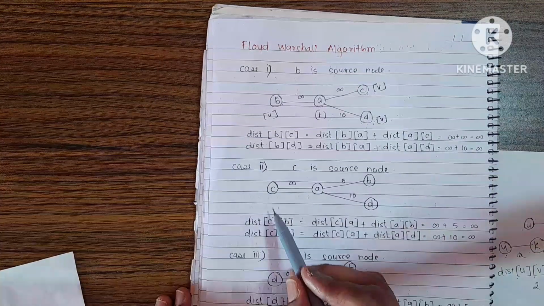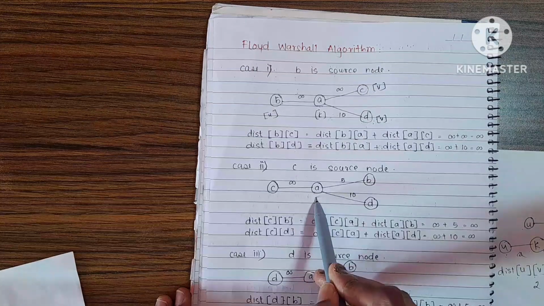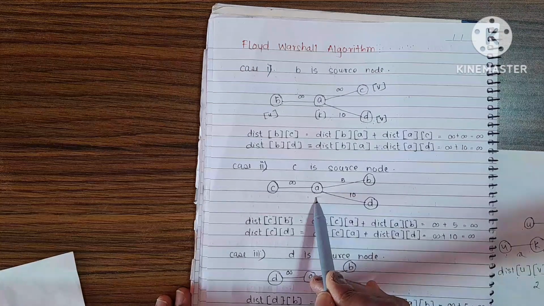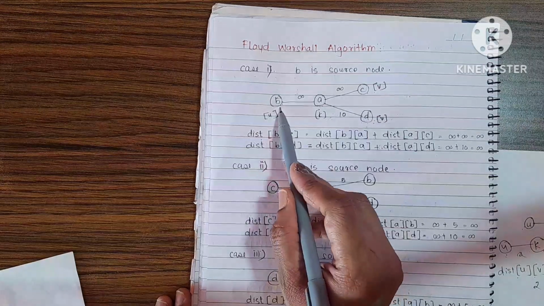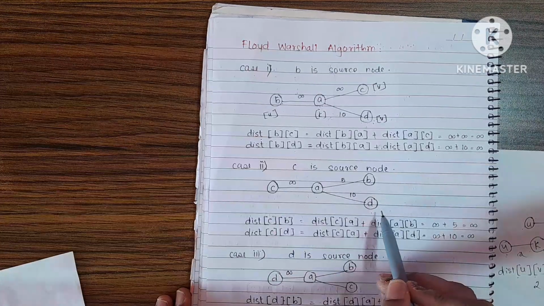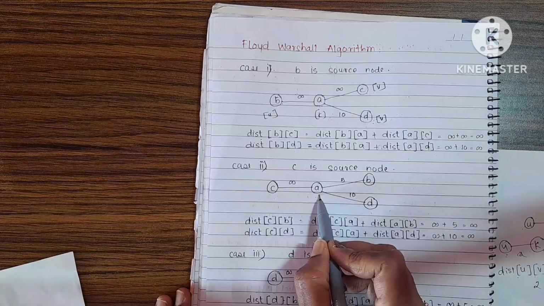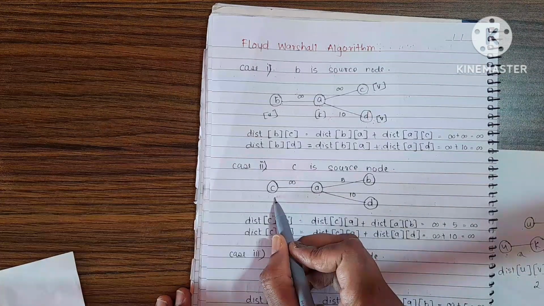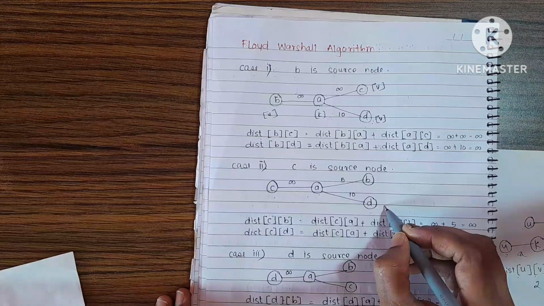Now the second case, where C is the source node. Still A is acting as the intermediate node as in the previous case. Now instead of B, we are treating C as the source node. So the remaining nodes are B and D. As we have only 4 nodes, A, B, C, D, A is selected as the intermediate node, C as the source node, and the remaining nodes B and D are treated as destination nodes.